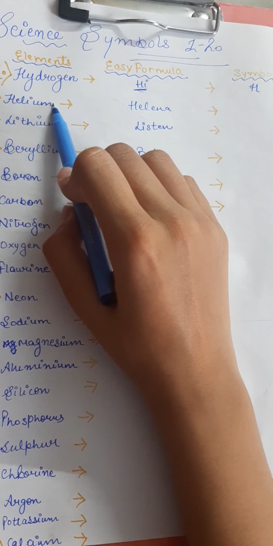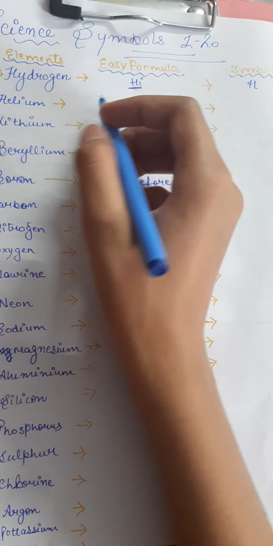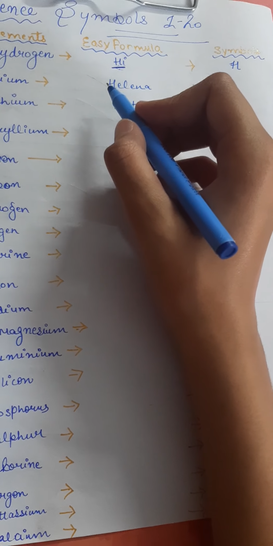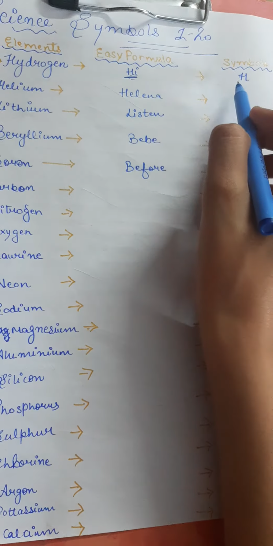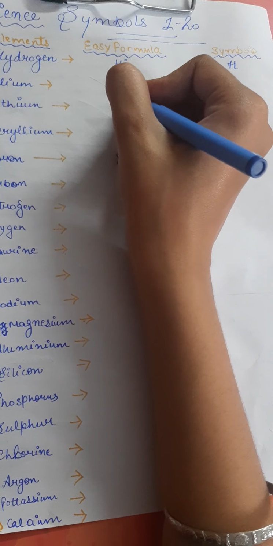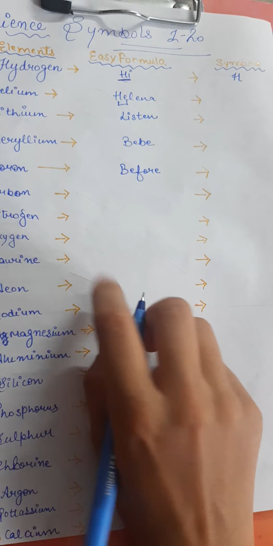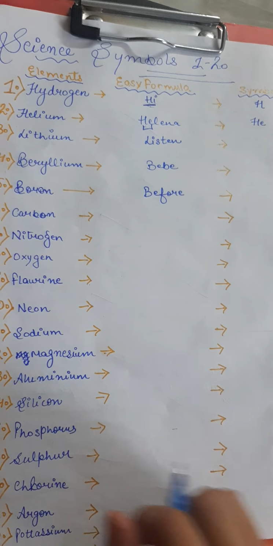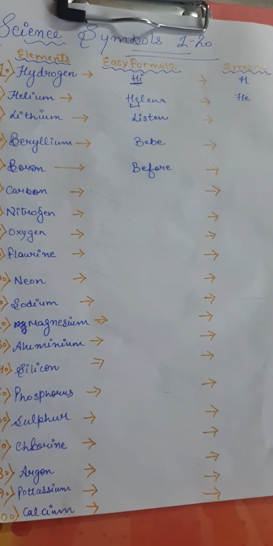We cannot denote helium by writing H only, because H is the symbol of hydrogen as well. So we will take 2 letters, H and E. Here we will write He. So the symbol of helium is He.